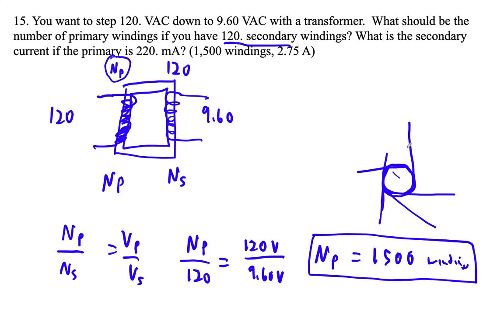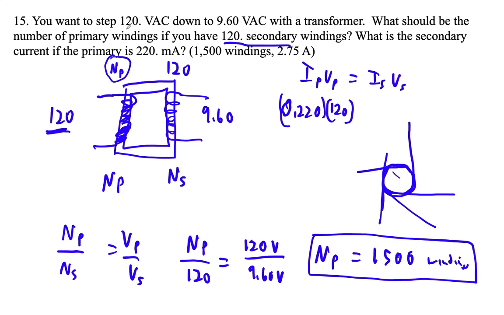And then let's do the current thing. So for current, I primary times V primary is I secondary times V secondary. The current in the primary is 220 milliamps, so 0.220 amps. Voltage in the primary is 120, that's this one here.